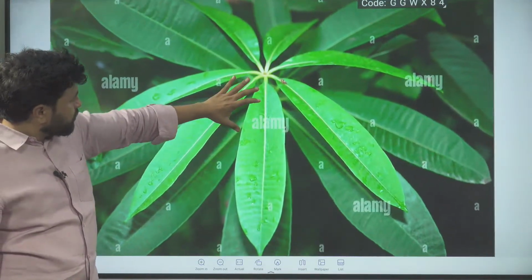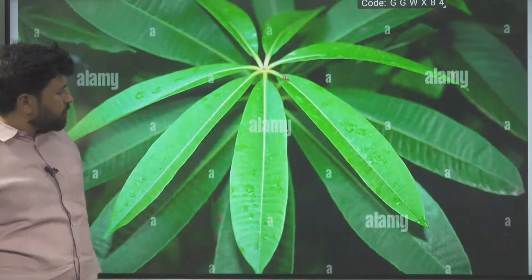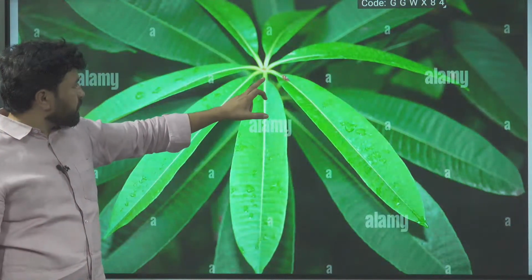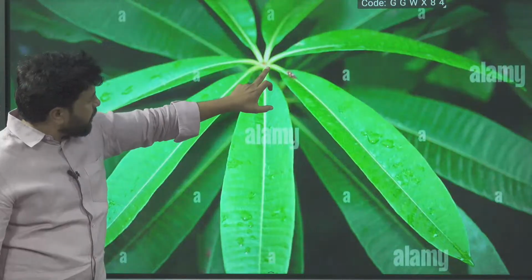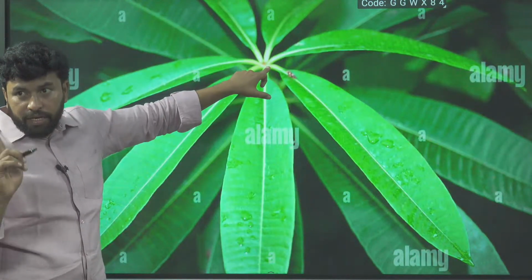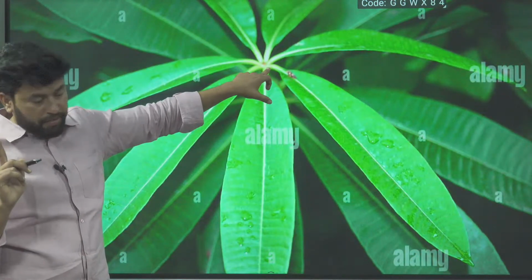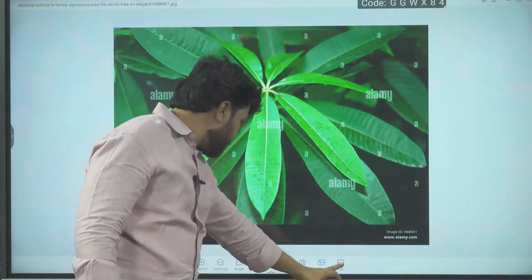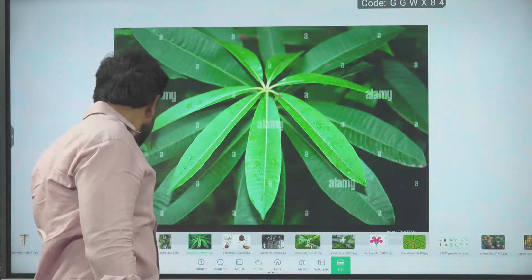You observe this. Imagine these are all leaflets. In their axil, you don't identify any kind of axillary bud. I will take a best example.